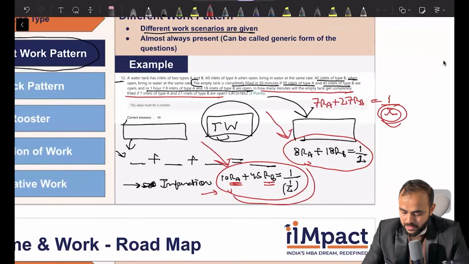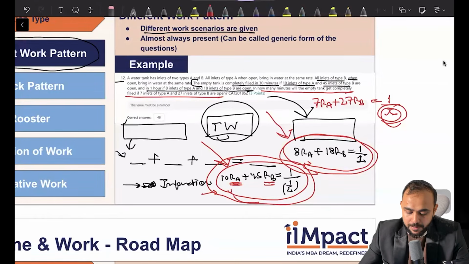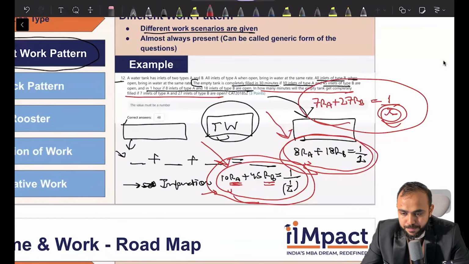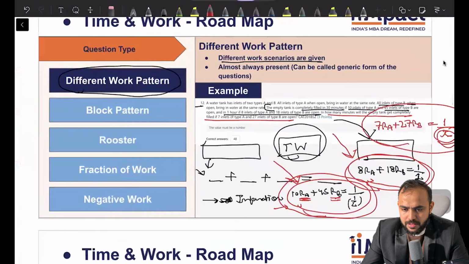Work pattern 1 and 2 are used to find the values of Ra and Rb, and then you will use these obtained values of Ra and Rb in work pattern 3. Clear? Do you understand what I mean?